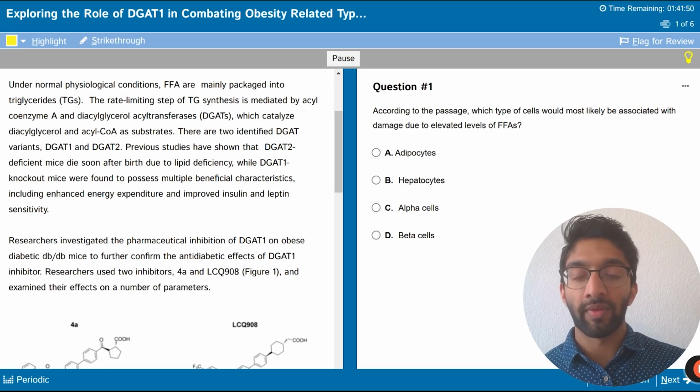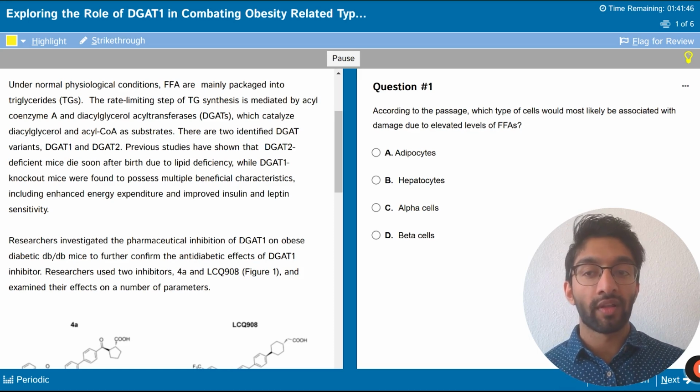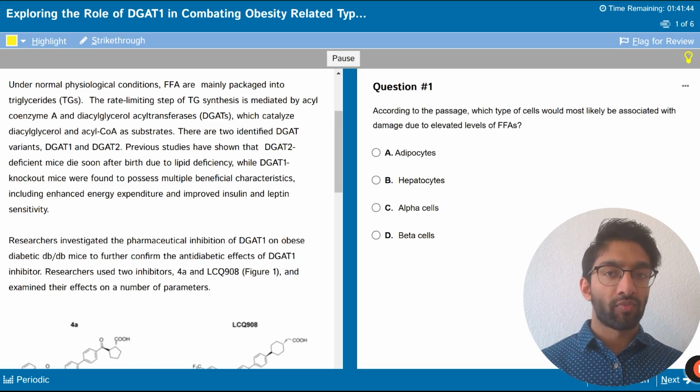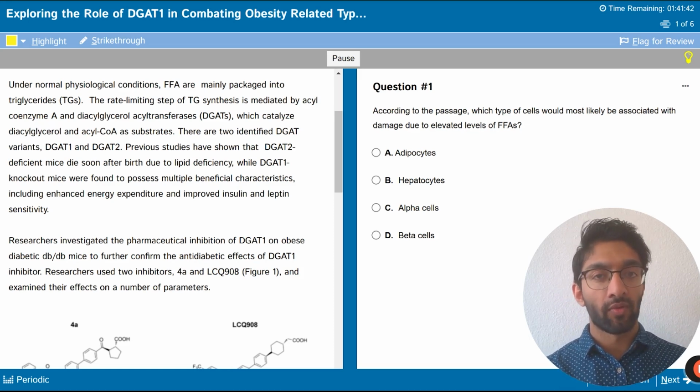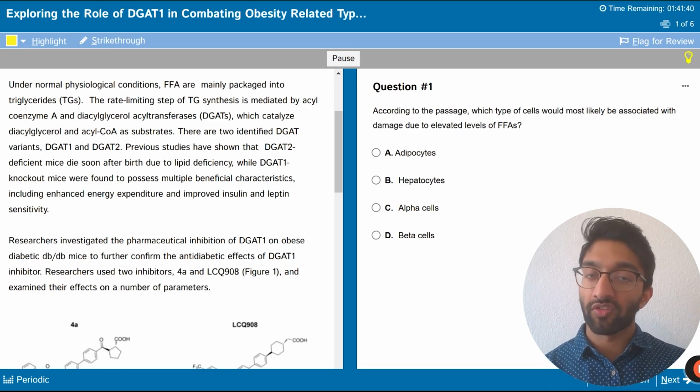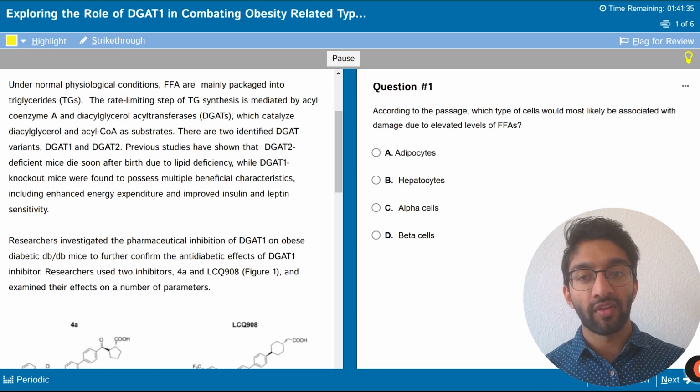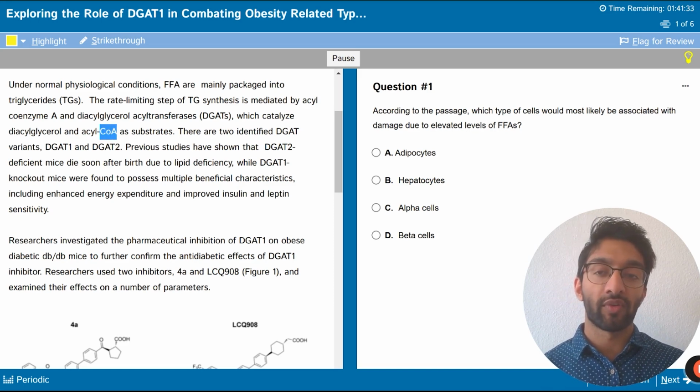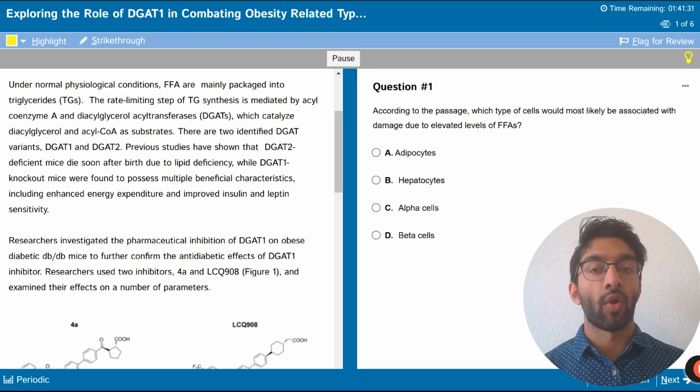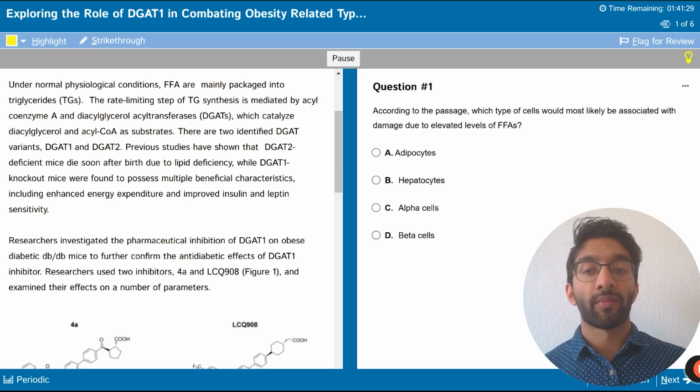Maybe I'm not completely familiar with everything here, but glycerol is an alcohol, and it plays a big role in a lot of processes in the body, as well as acyl-CoA. Maybe we don't know what acyl is, but CoA, we know acetyl-CoA, for instance, a sort of coenzyme type thing. And these are substrates that are going to interact with DGAT.